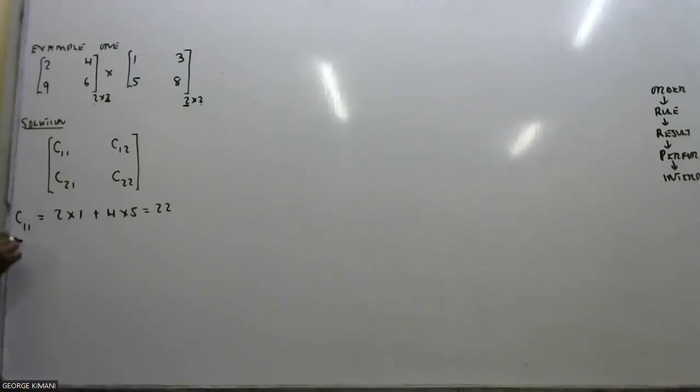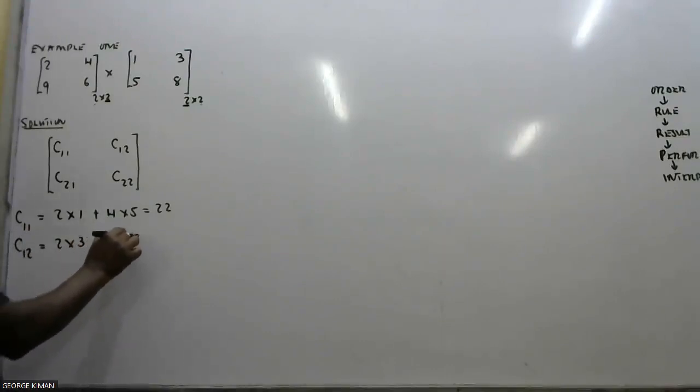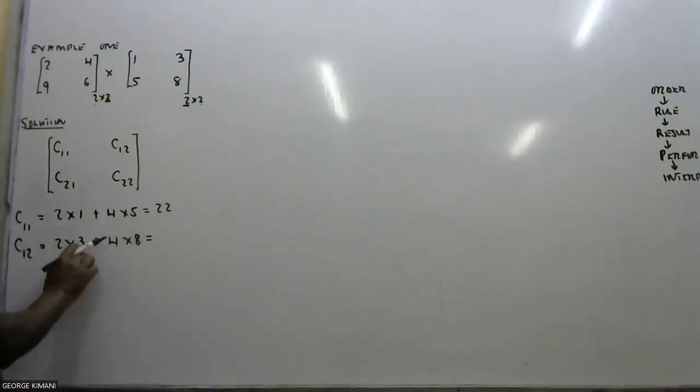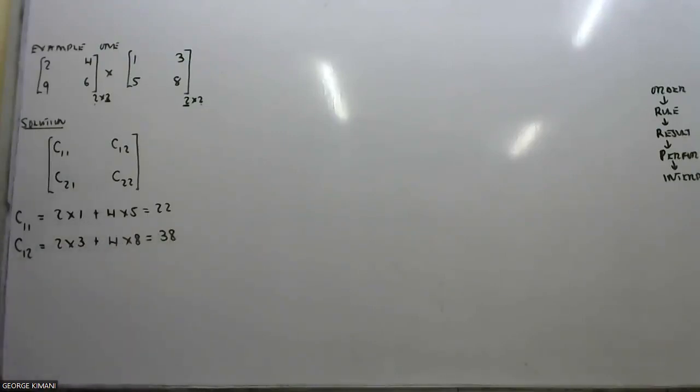When you go to C12, you take the values in row 1, you multiply by the values in column 2. And that will be 2 times 3 plus 4 times 8. So this is 6 plus 32, that is 38.